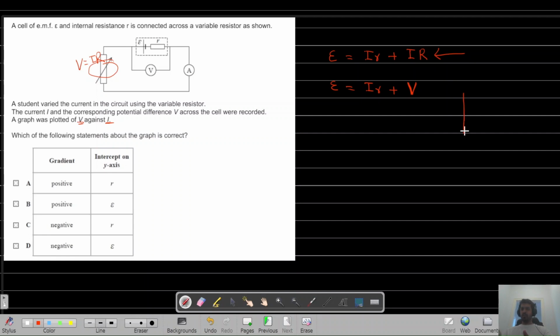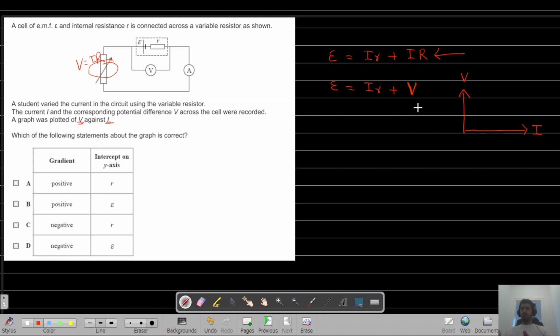In other words, our graph will look something like this. On the y-axis, we need potential, and we are plotting potential as a function of current I. So that means on the x-axis, we should have current. On the y-axis, we should have voltage.